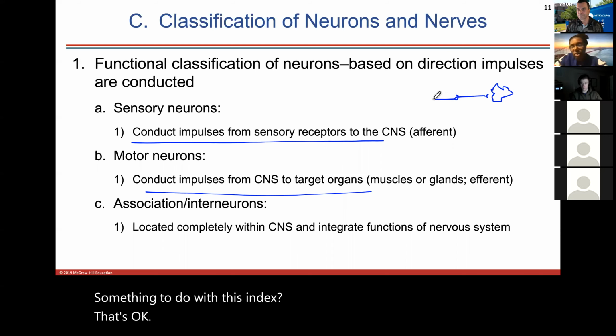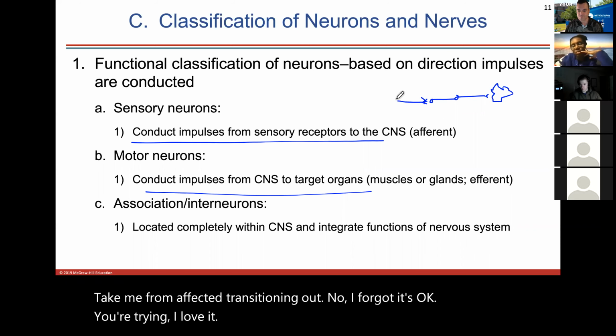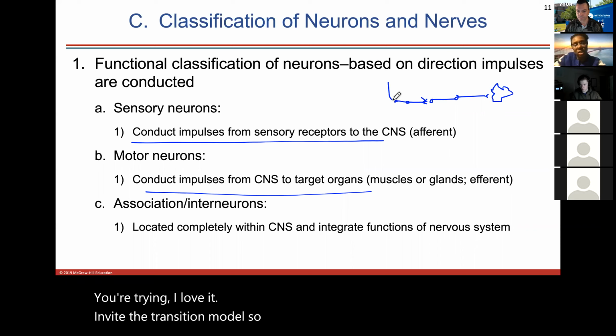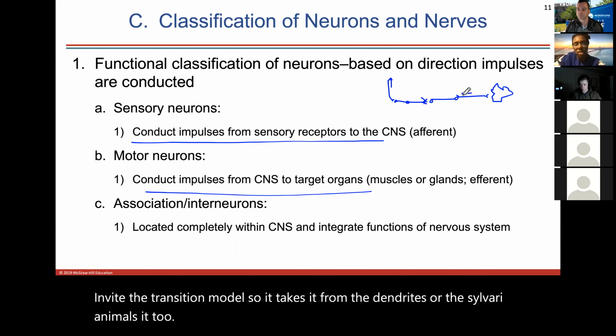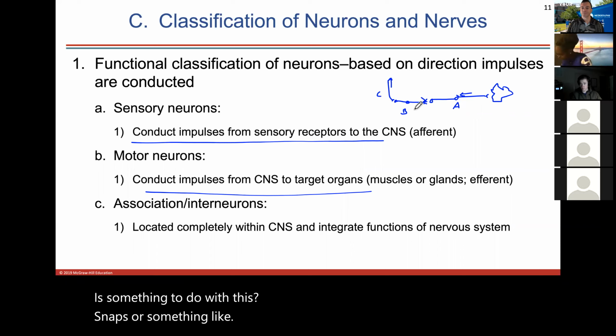It's taking it from, I forgot. That's okay. You're trying. I love it. It's like the transition mode. So it takes it from the dendrites or the cell body and it moves it to, it's something to do with the synapse or something.